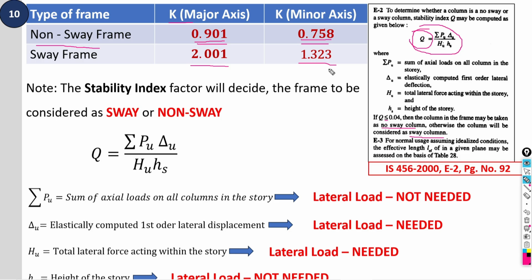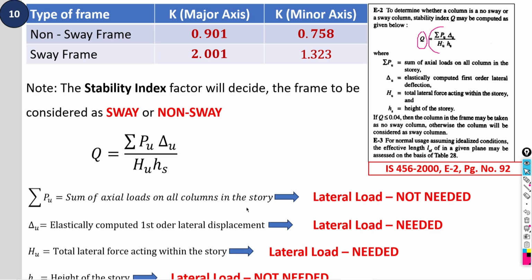So I want to see on what properties and what terms the determination of the Q factor is dependent. Your Q will be equal to the summation of Pu. What is meant by this Pu? It is the sum of the actual load on all columns in that particular story.